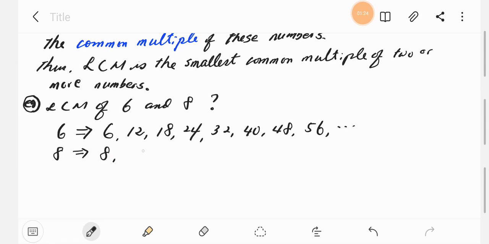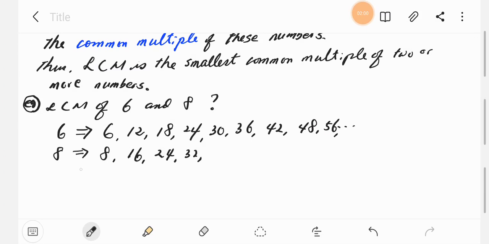It starts from 8. 8 times 2 is 16, 8 times 3 is 24, then the next one is 32, 40, 48, and so on. And the multiples of 6 go 24 plus 6 is 30, 36, 42, 48.